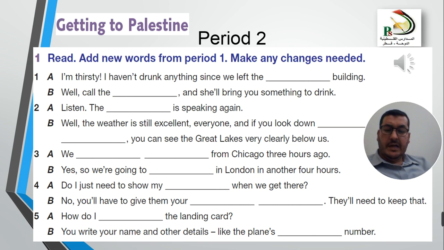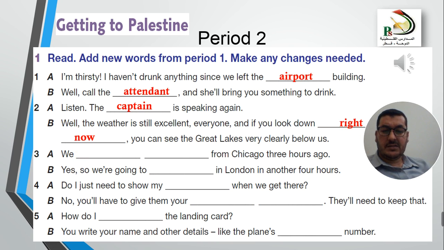Okay, so now let's put the new words in their suitable places. The first one is airport. I'm thirsty. I haven't drunk anything since we left the airport building. Well, call the attendant and she will bring you something to drink. Number 2. Listen. The captain is speaking again. Well, the weather is still excellent, everyone. And if you look down right now, you can see the Great Lakes very clearly below us.